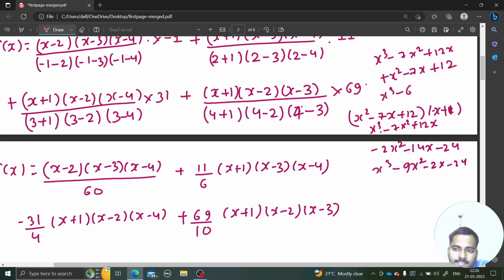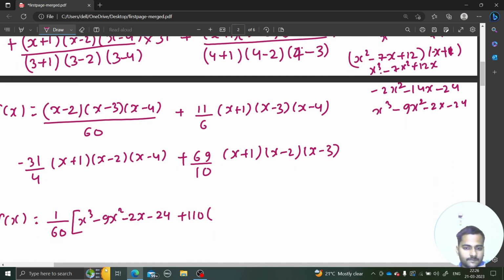So x cube minus 6x square plus 5x plus 12.